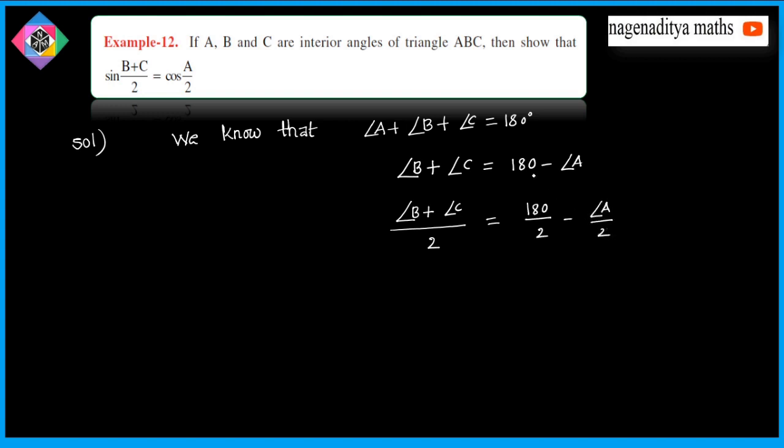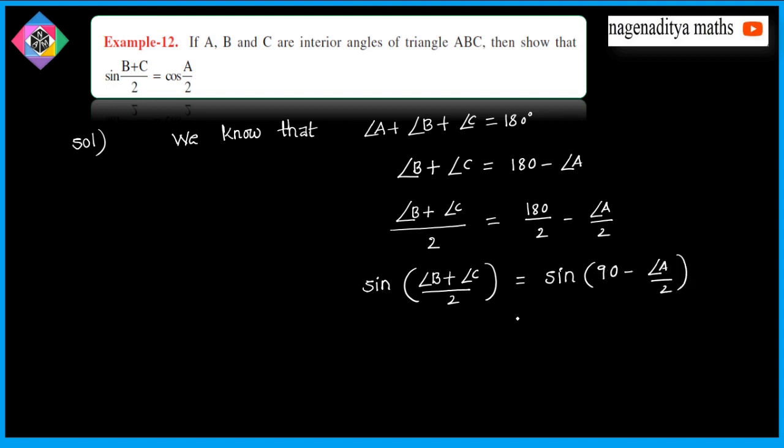Two divides both terms here, but in the problem it is (B plus C) whole by 2, that is why I leave it like this. So now I am taking sine ratios on both sides. Sine of (angle B plus angle C) over 2 is equal to sine of, and what about 180 by 2? That is nothing but 90 degrees. So that is sine of 90 minus angle A by 2.